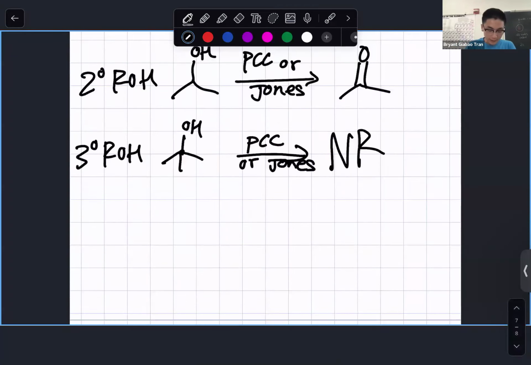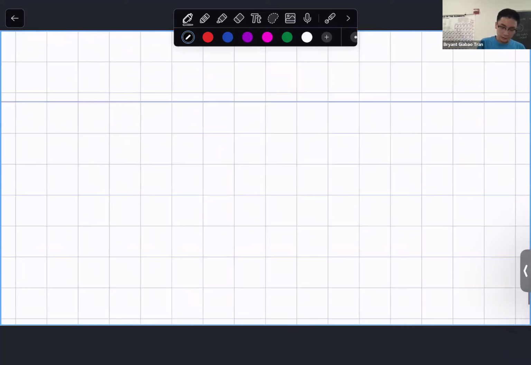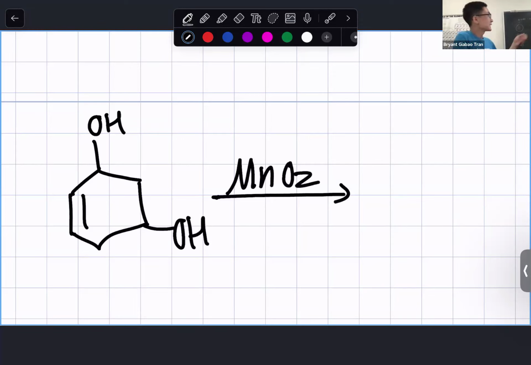So there's a new oxidizing agent, which is even weaker than PCC. Let's say we have this structure here. And then we have the oxidizing agent, MnO2, manganese oxide. Have you guys seen this oxidizing agent before? Right.